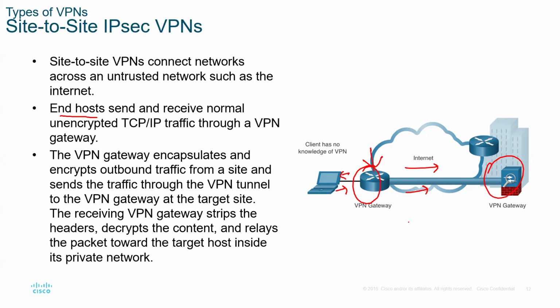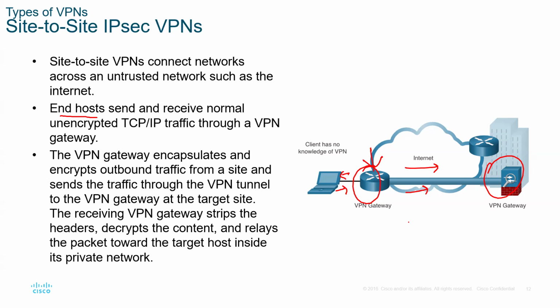The VPN gateway encapsulates and encrypts outbound traffic from a site and sends the traffic through the VPN tunnel. The receiving gateway strips the headers, decrypts, and relays packets towards the destination. I think we've been saying this all along: encapsulation, encryption.